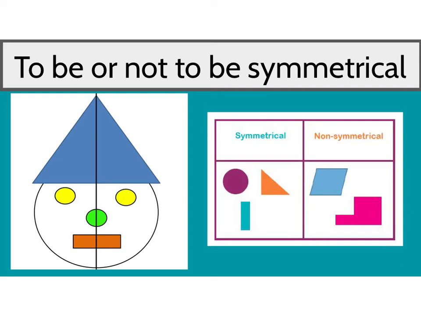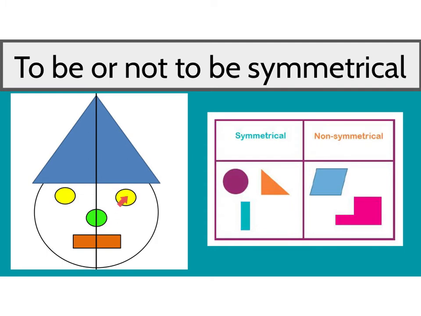So what I'd like you to do first of all is take a look at this picture here on the left, and you'll notice that there is this line that's drawn down the middle. Now, if we were able to take this piece of paper and fold it on that line, this side of the picture would line up exactly with this side of the picture.